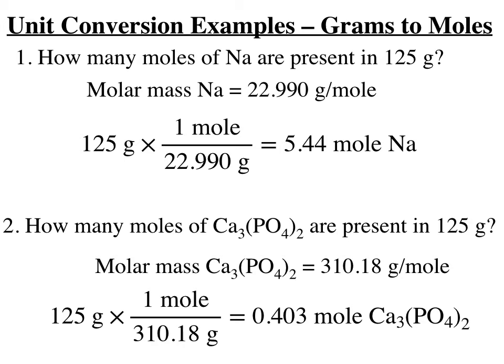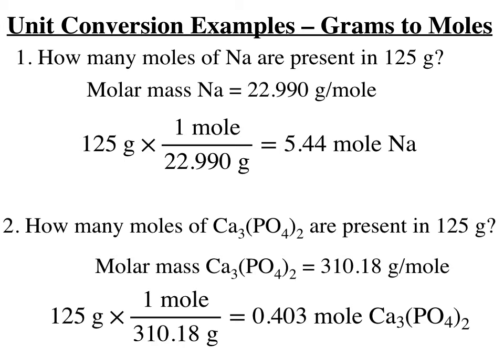So, how many moles of sodium are present if I have 125 grams of sodium? I turn to the periodic table, and it says that each mole of sodium weighs 22.990 grams per mole. So I wish to convert my 125 grams into moles.